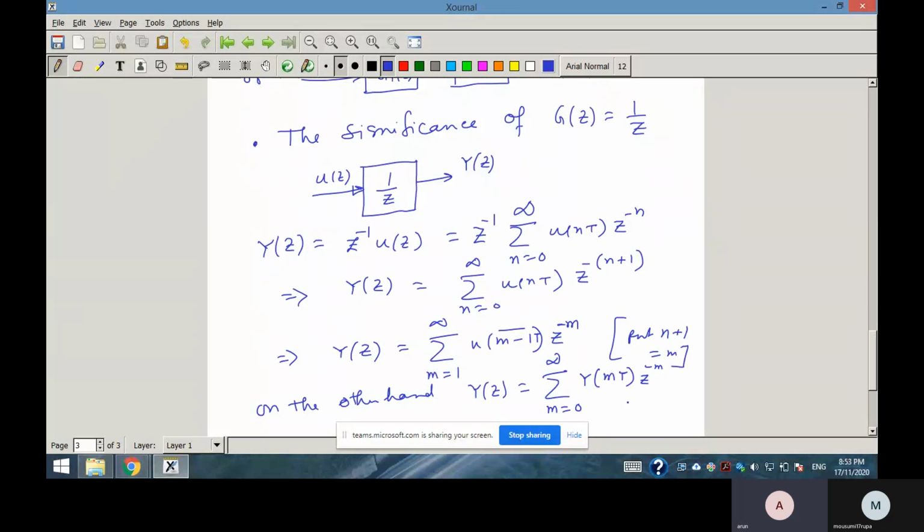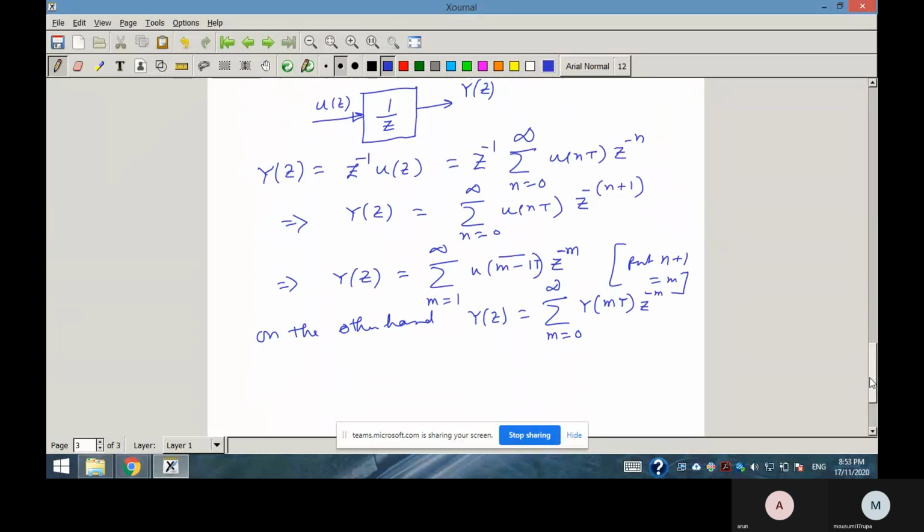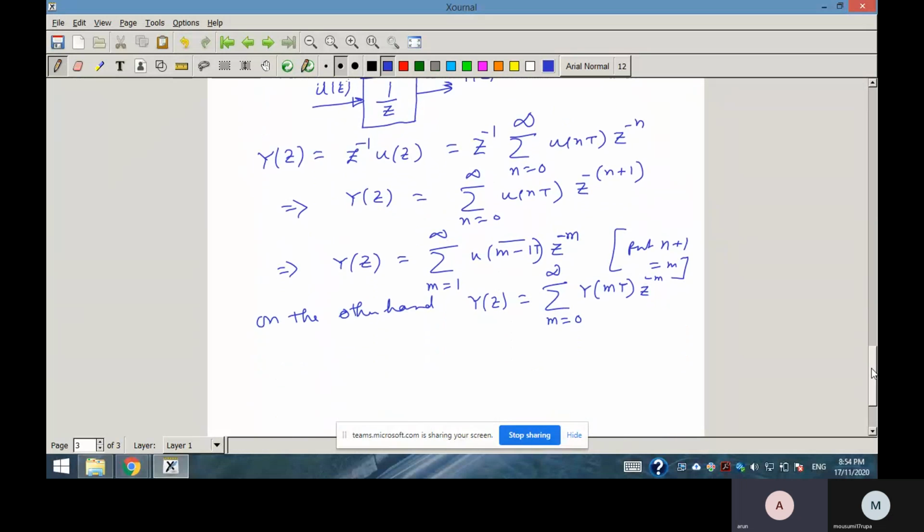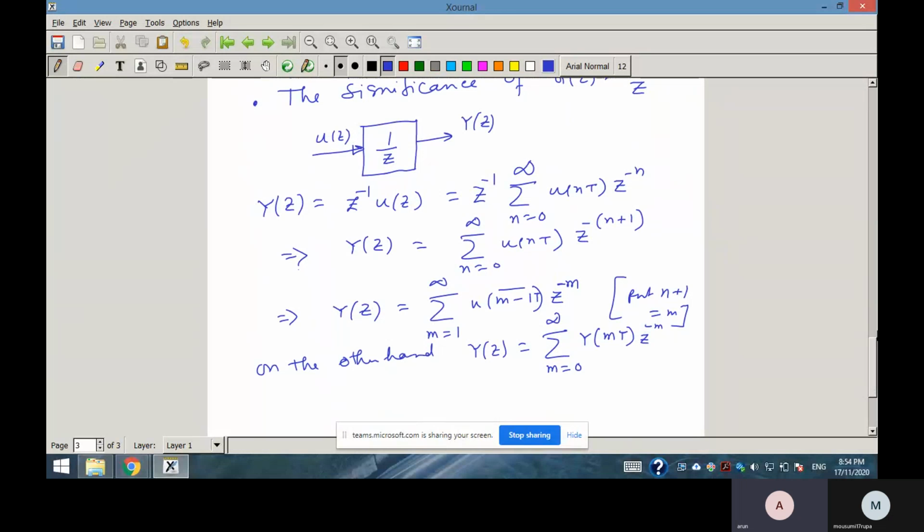So that means, what you are seeing, comparing these two equations, if you give some u(mt), then what will be your y(mt)? y(mt) will be just the delayed version of u(mt).